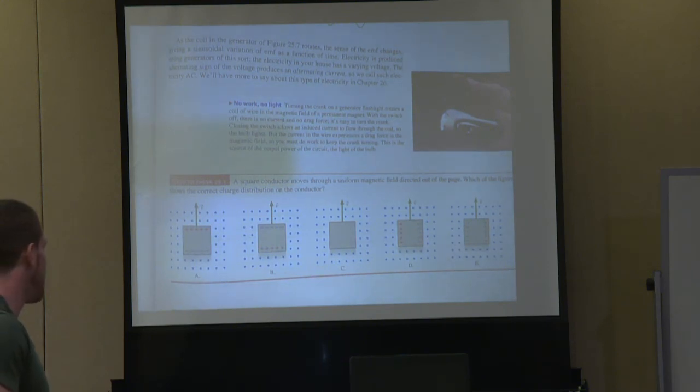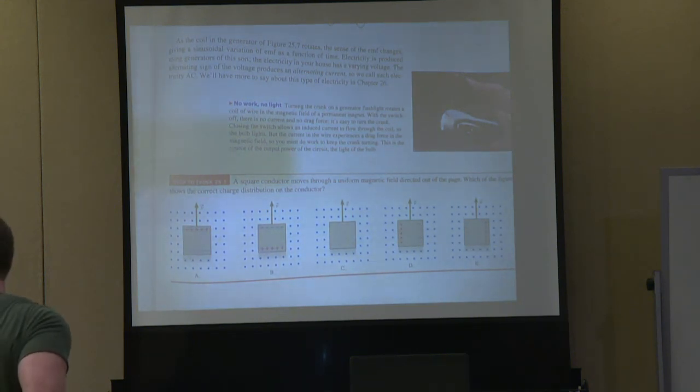So based on that, where would you guys say the charges are going to accumulate? At the top, the bottom, nowhere, the left, or on the right? So you're saying E? Either D or E. The green arrow is velocity.